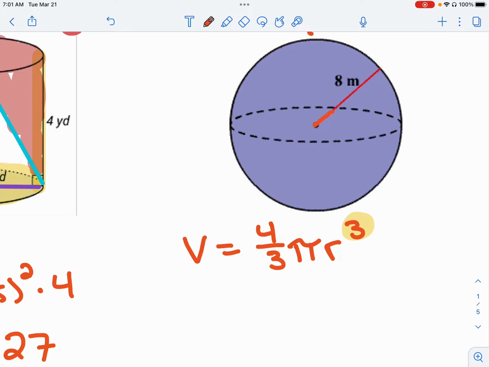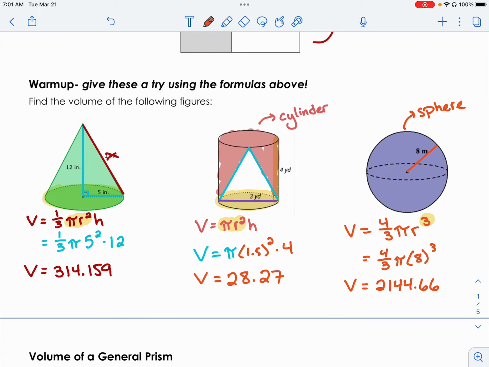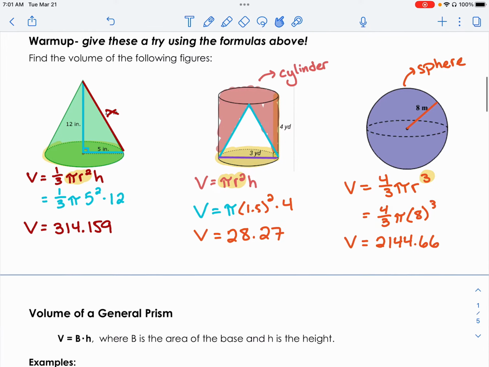Our radius is given to us, which is 8, and that is the only thing that you have to plug in. With a sphere, you just have to find the radius. And the volume here is 2,144.66. So plug and chug away your numbers for these volumes.